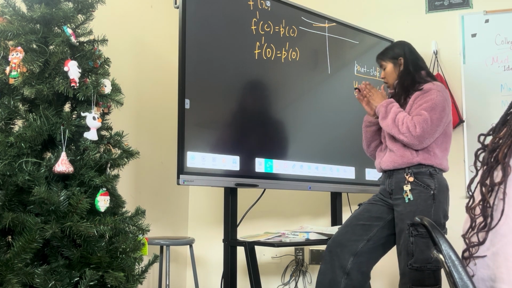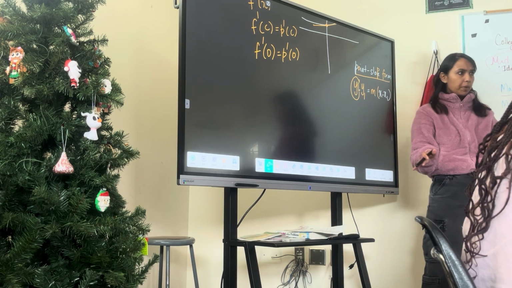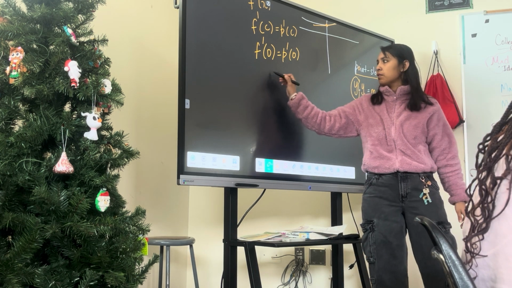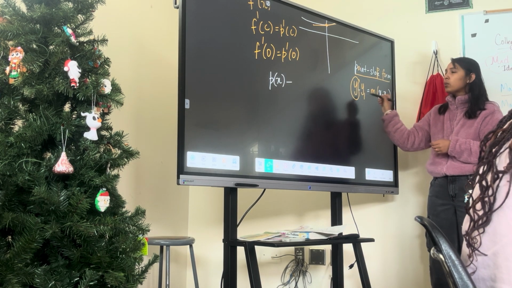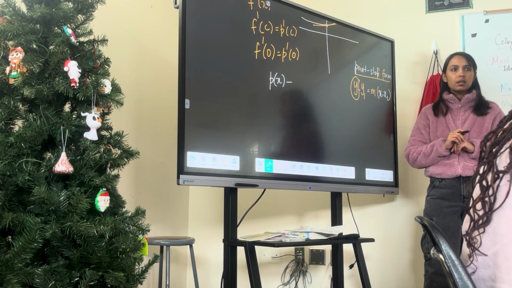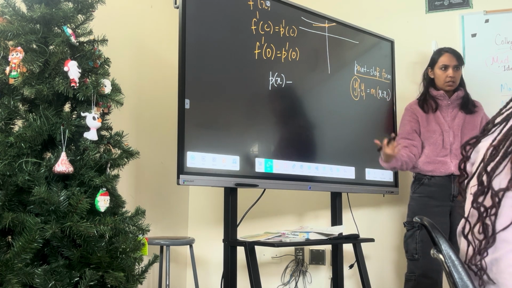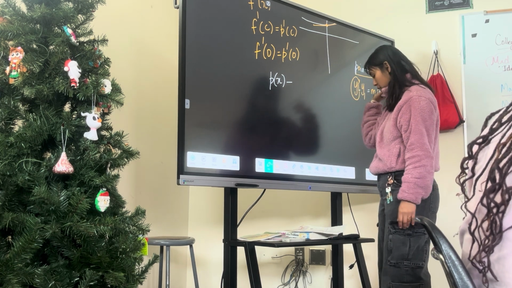Okay, so y here is going to be our general p of x. Okay, p of x minus y1, our specific y coordinate, which would be p of 0, because that's our center, or f of c, sorry. f of c.